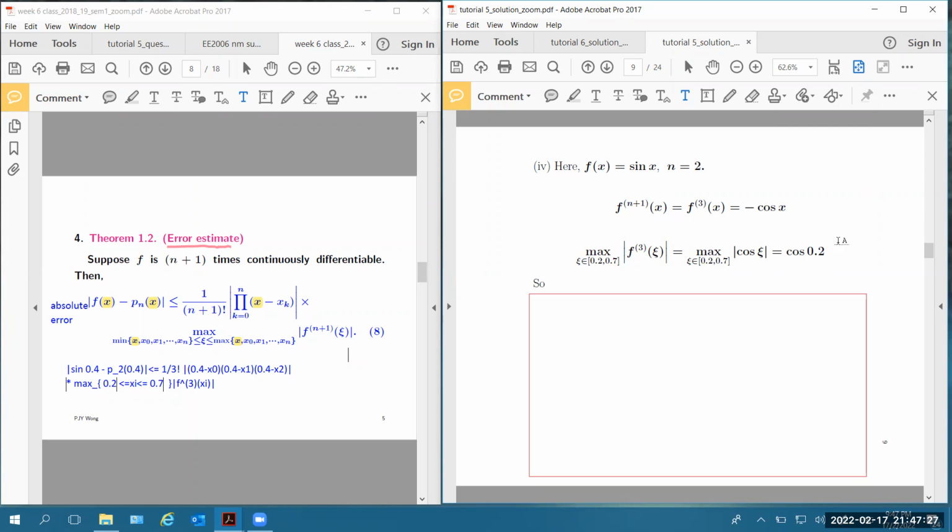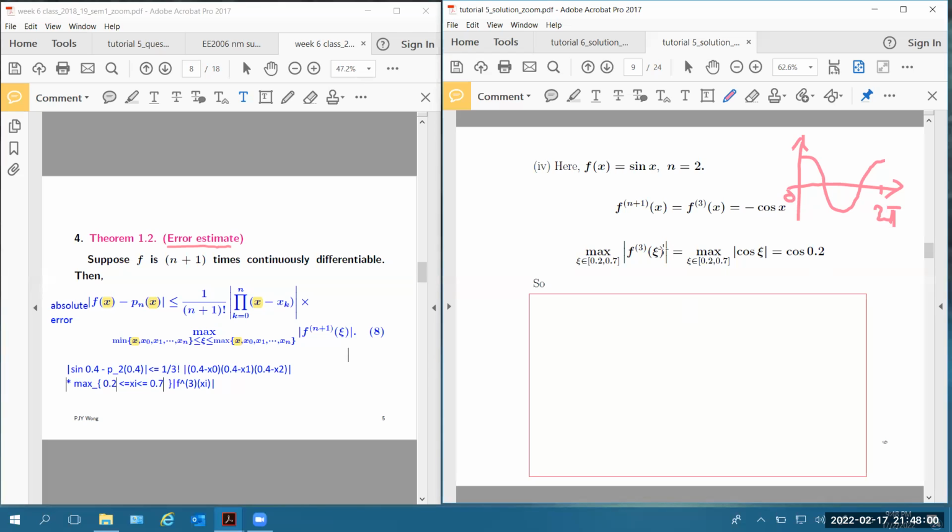Here I put cosine 0.2. Why is that so? Maybe I explain a little bit. The cosine function is like this, one cycle, this is 2 pi, and this one is 0.